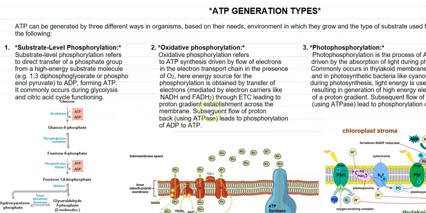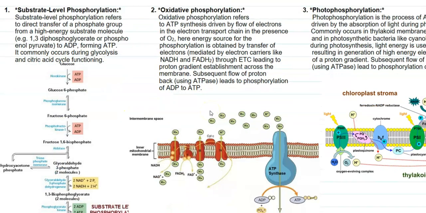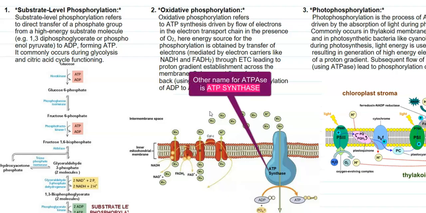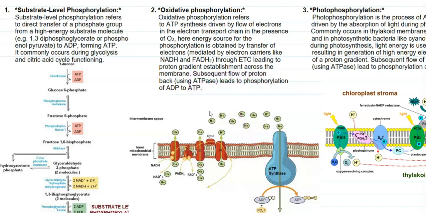So by the flowing back of the protons into the cell, aided through ATPase, the phosphorylation is effected. That is, the ATPase pump effects the phosphorylation of ADP with inorganic phosphate, resulting in the formation of energy in the form of ATP.